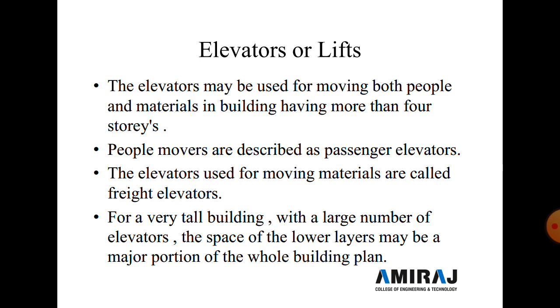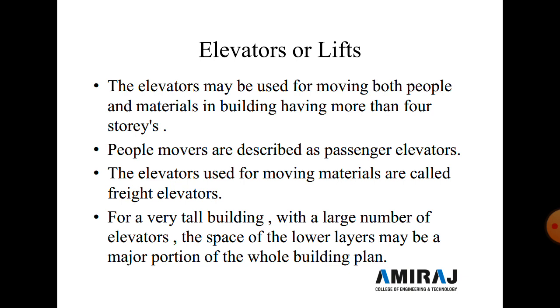People movers are described as passenger elevators, and the elevators used for moving material are called freight elevators. So here the elevator is divided into two parts. First is the material elevator, and second is the passenger or public elevator.